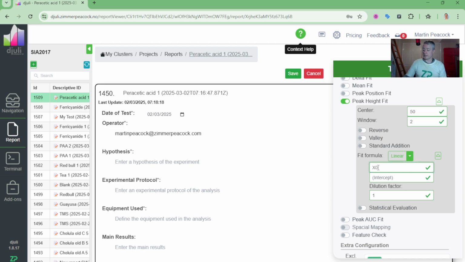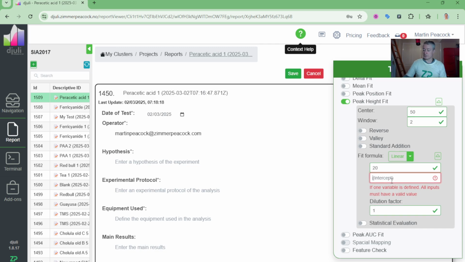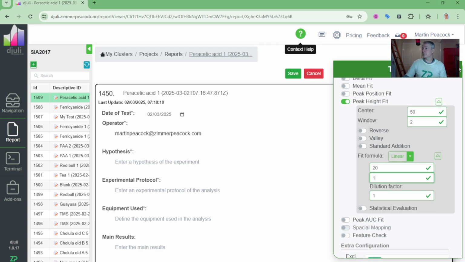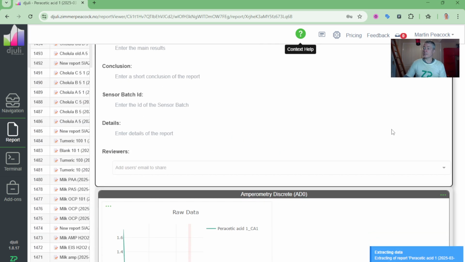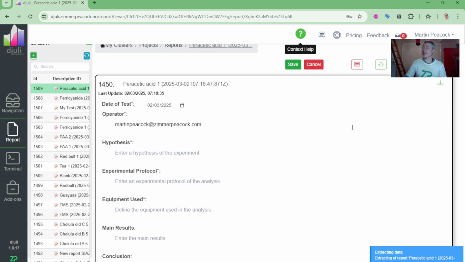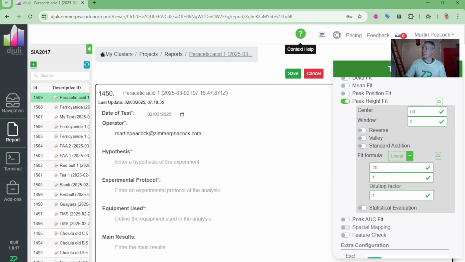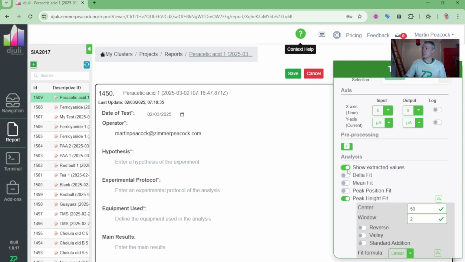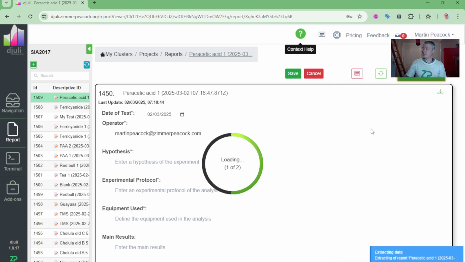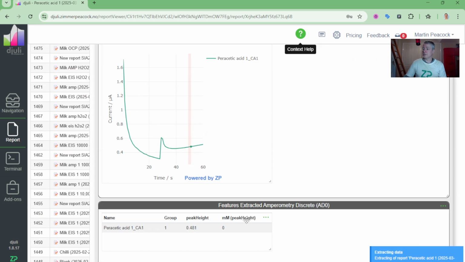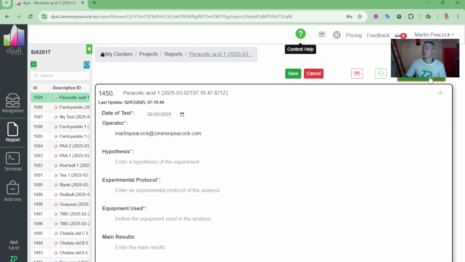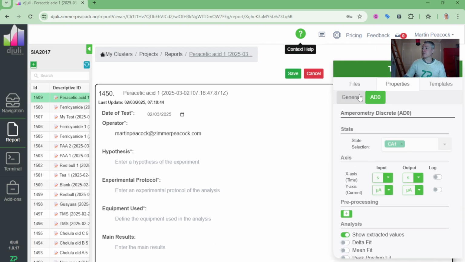I'm going to make up some numbers at the moment. What I can show you then is I can start turning, in fact, I need to show values. Show extracted values. There we go. So now I need to increase that a little bit, but I can start to figure out the concentration. And in fact, I want to put it in ppm actually.